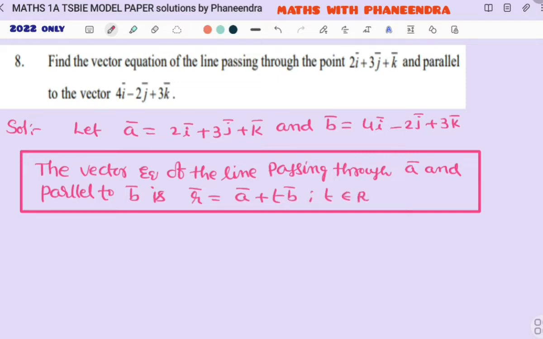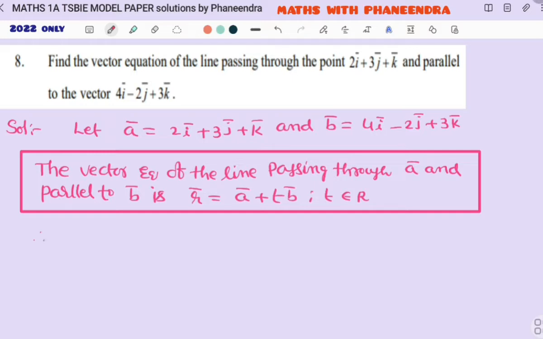So for writing a bar, b bar and this formula, 1 mark, and substituting the vectors and writing that equation, 1 mark. This is the way the marks are going to be distributed, dear students.